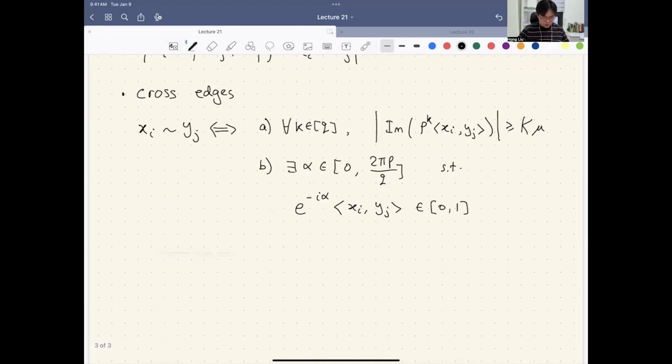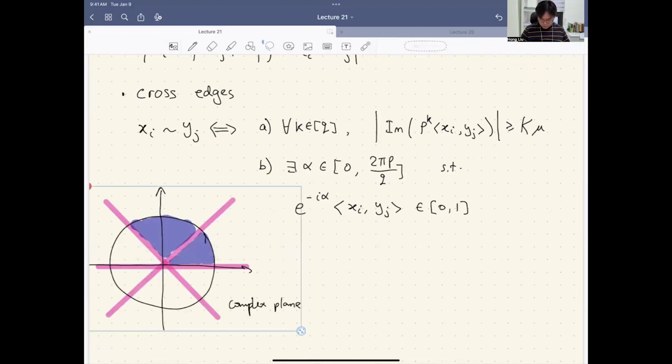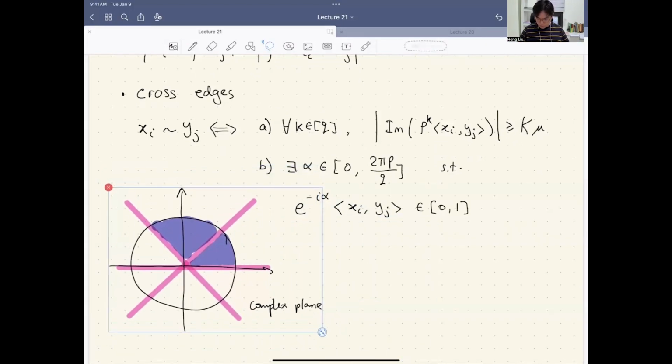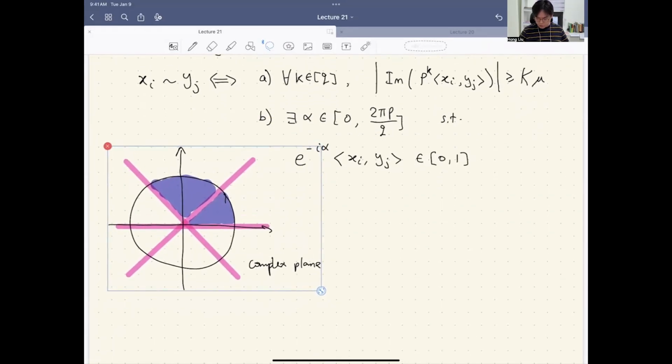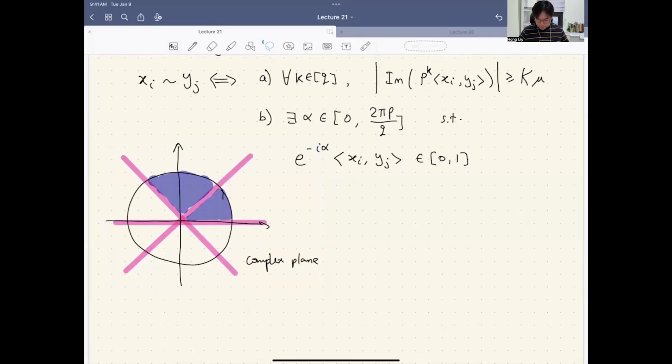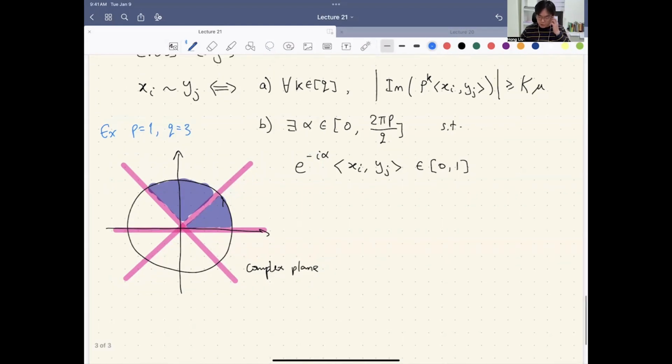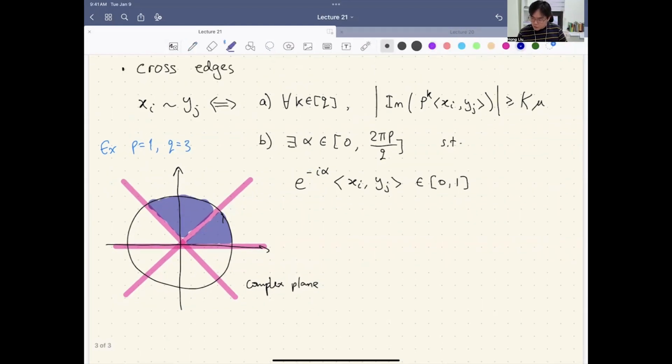So here's a picture. In this example, P equals 1, Q equals 3. How do we read this? The strip that we scoop out is this one.